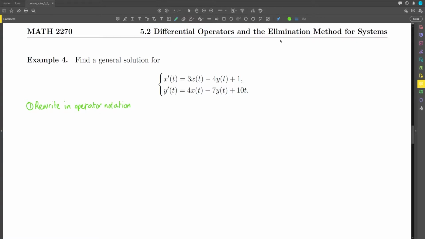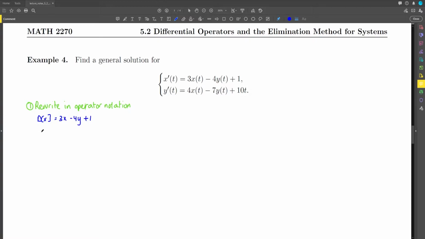And what that means is we're going to use the differential operator D for x prime. So the first differential equation becomes D of x equals 3x minus 4y plus 1.